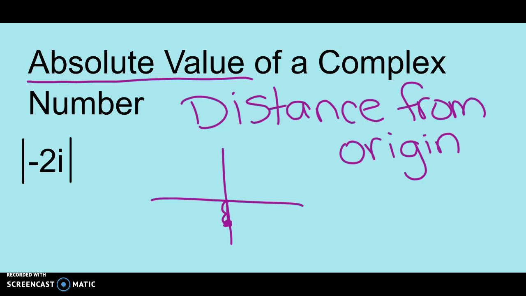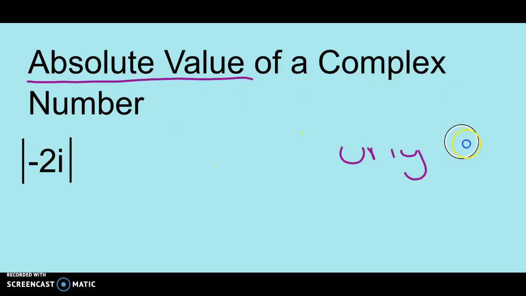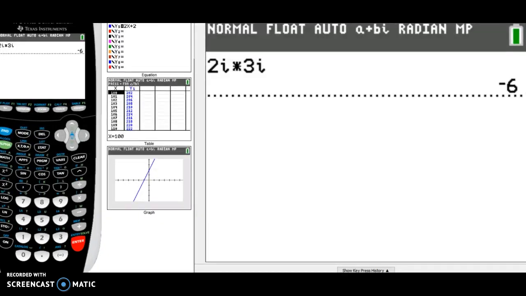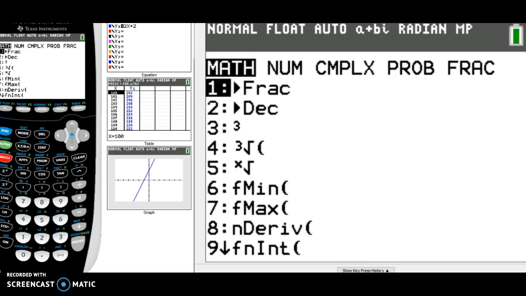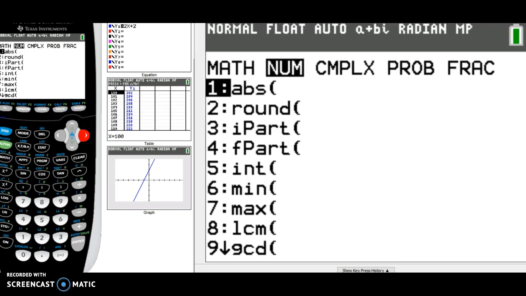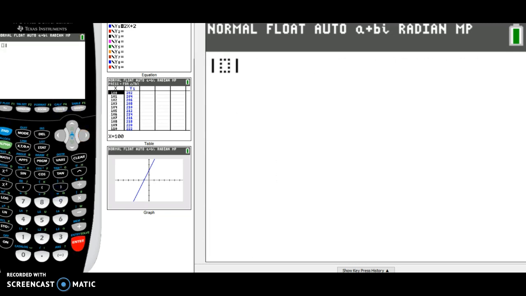All right, so there's a way to do that, and it would involve a distance formula. We're not going to get too much into that right now, so you can put this in your calculator. All right, so let me go ahead and show you how to do that. So we're going to do absolute value. So how do you find absolute value? You do math. You're going to go over to NUM, and the very first option is absolute value.